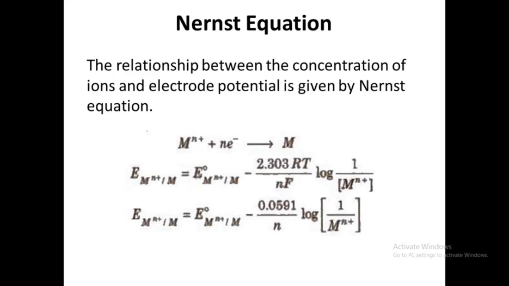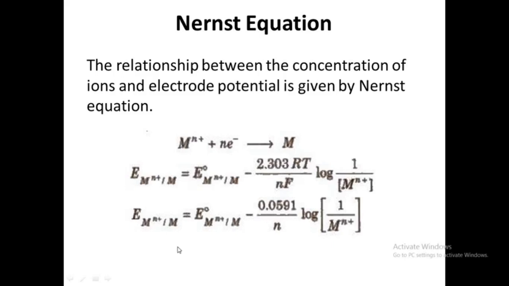When the temperature is considered standard, that means 298 Kelvin, then in the equation all the values are known except the value of n. That means R is 8.314, the temperature is 298 Kelvin, F is 96500.